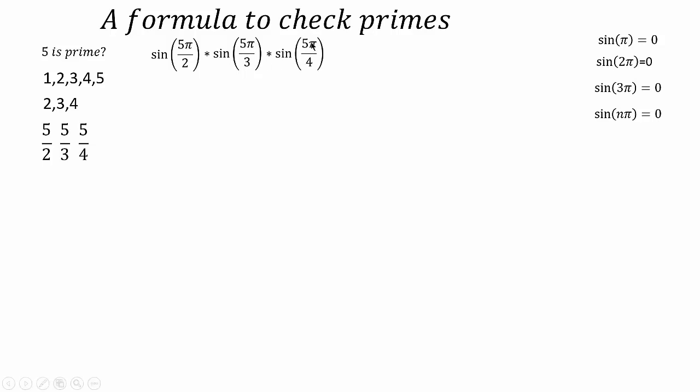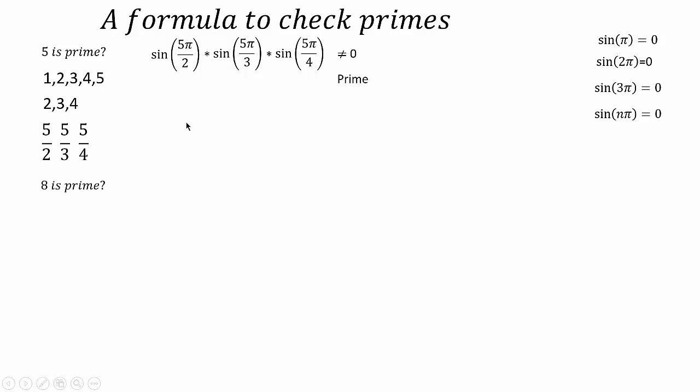Similarly, 5 pi over 4 will also give some value except 0. If we multiply these three different values, it's sure that we won't get 0, because none of them is 0, which indicates that it is a prime.